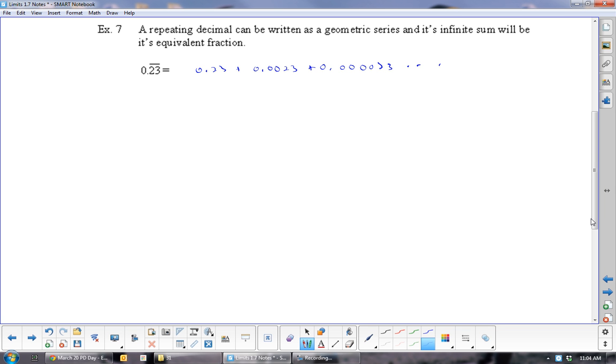So writing out the first three terms helps you understand this. We know a, obviously, is 0.23. And what would r be? Well, you want to take 0.0023 and divide by 0.23, and you'll get the answer of 0.01. It's multiplying by 1/100th every time.